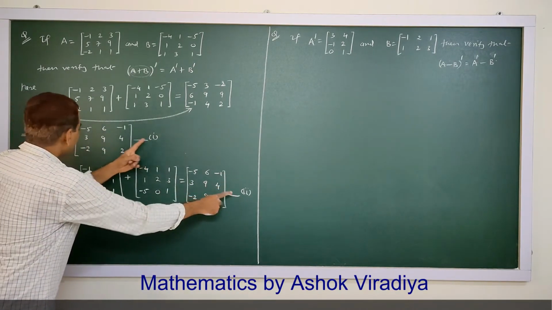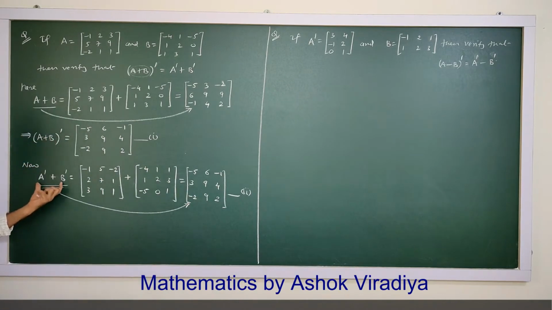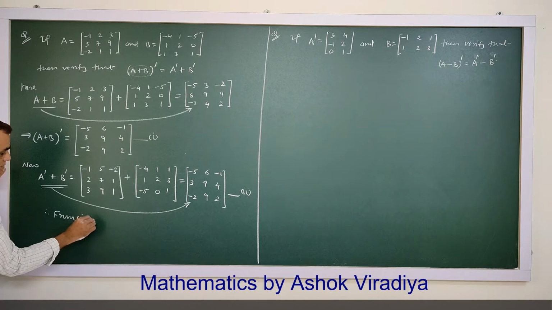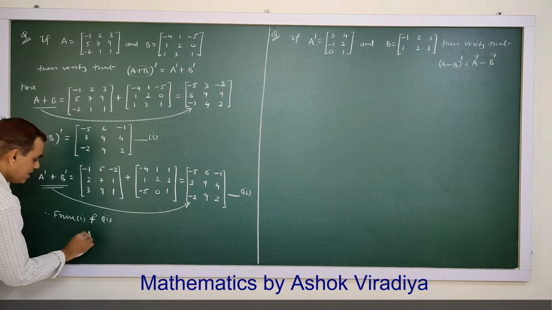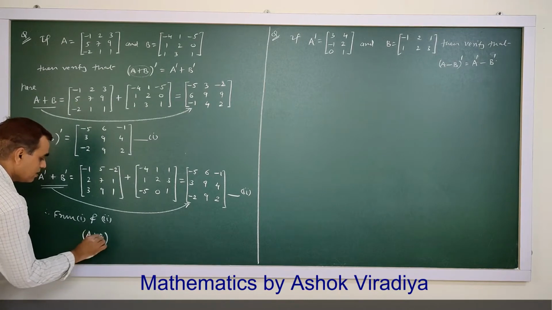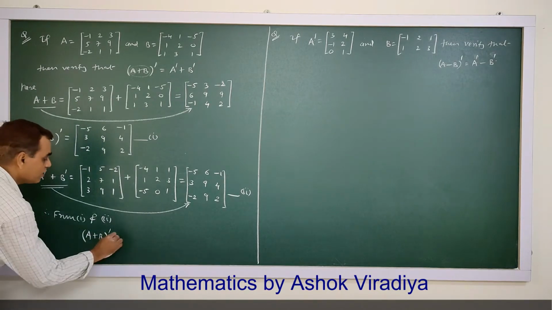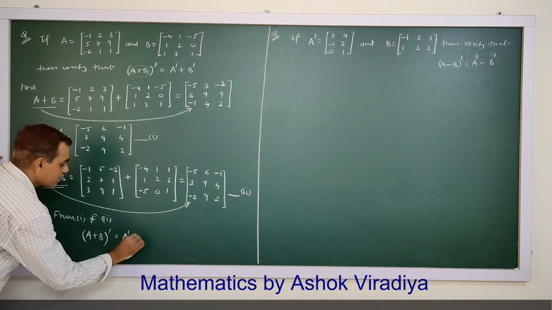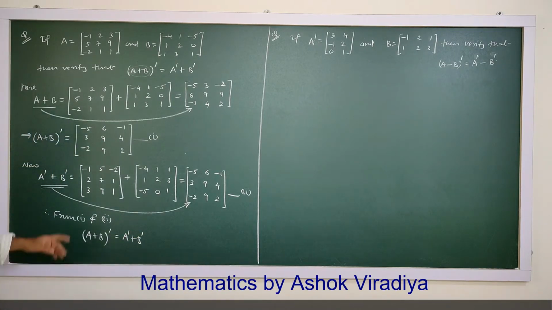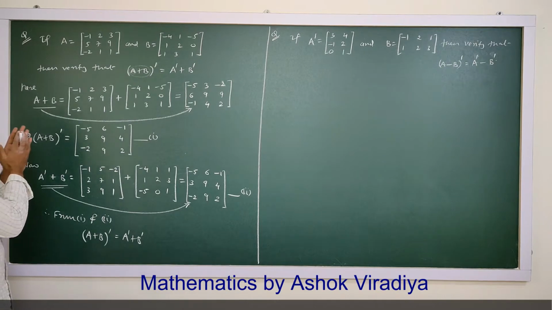So from 1 and 2, these are equal. So from 1 and 2, it is clear that the transpose of A plus B is equal to A transpose plus B transpose. So here we have proved a property.